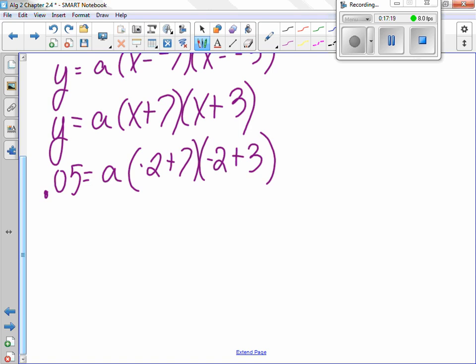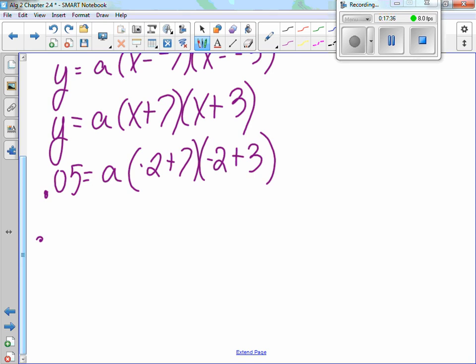So when I have the x-intercept form, the -2 gets plugged in for every single x. Now when we had it in vertex form, we only plugged it in once. But here in x-intercept form, or intercept form, we plug it in twice because there are 2 x's.